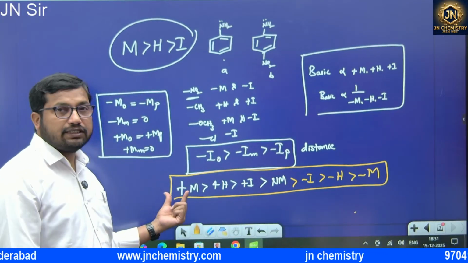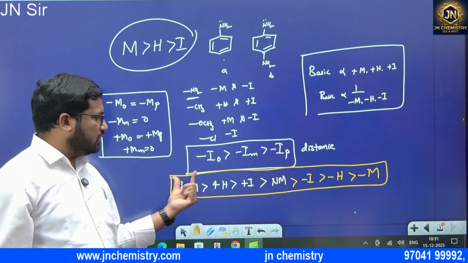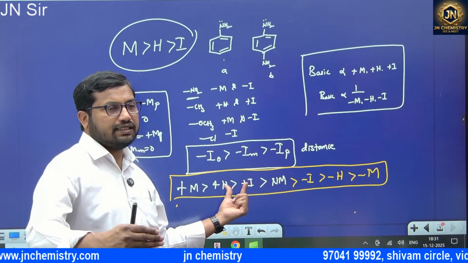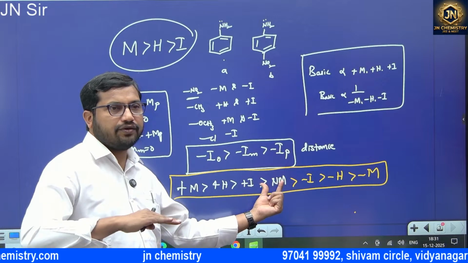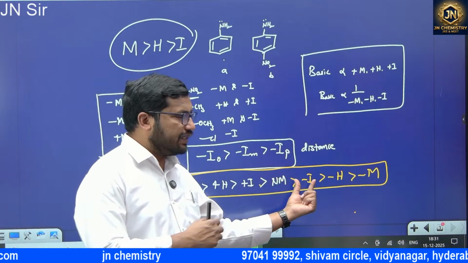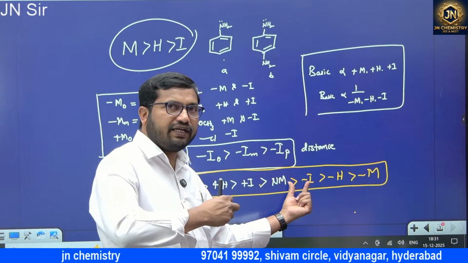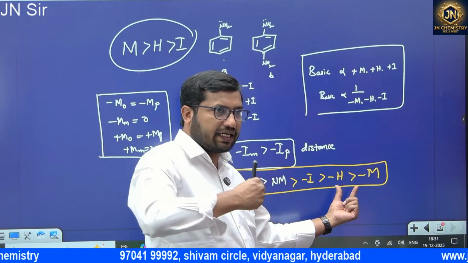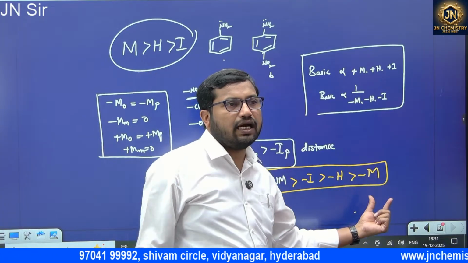So plus M means more donating nature, plus H somewhat less donating nature, plus I somewhat less. Neutral molecules, no donating. Minus I means withdrawing but less withdrawing. Minus H means high withdrawing. Minus M means highest withdrawing nature.